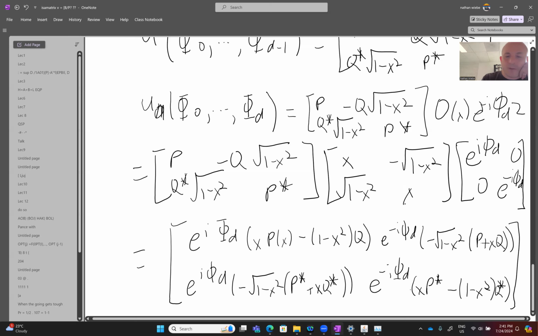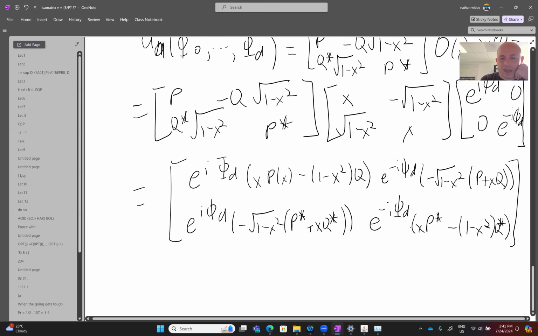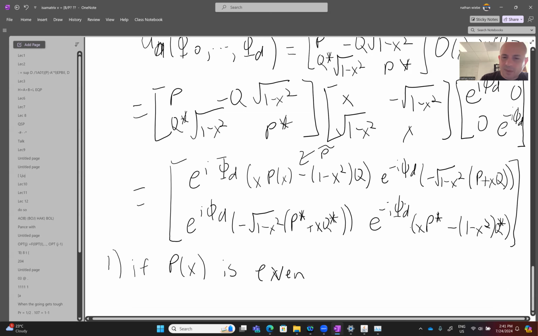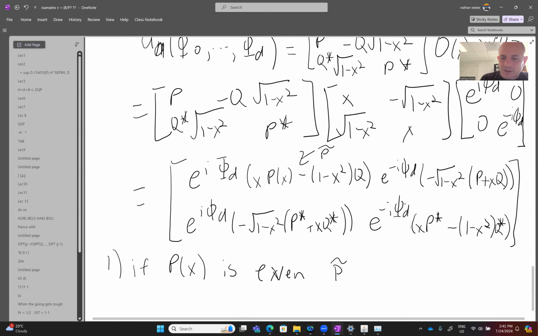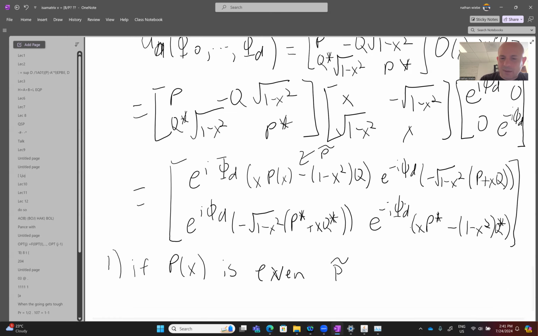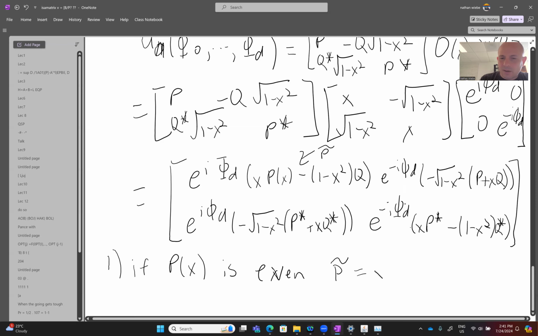Now, let's go through and take a look at some assumptions. One, if p of x is even, and then this element up here, which I'll call p tilde, then p tilde will be x p minus q plus x squared q.